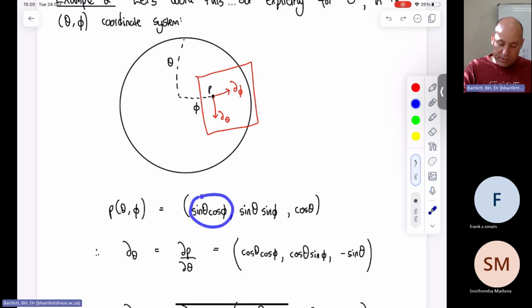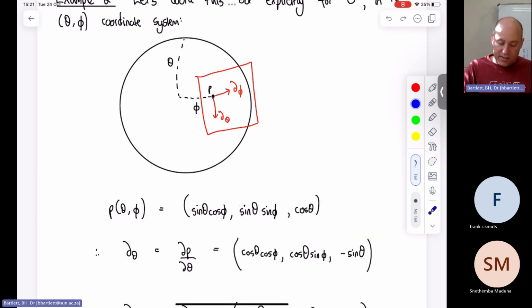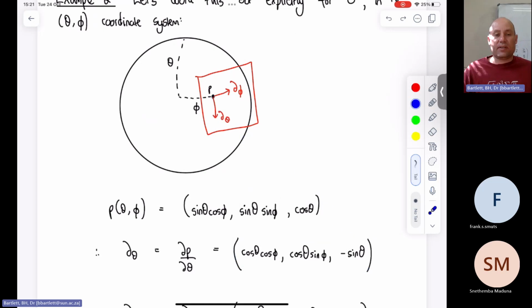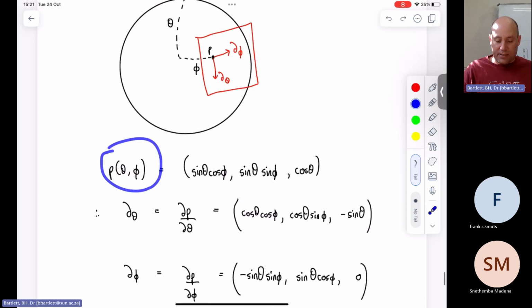The derivative of this with respect to theta is cos theta sine cos phi here, and the derivative of cos theta is minus sine theta. So this vector here is that vector over there living inside R3. Similarly, I can calculate del phi, which is this vector here, by just differentiating p with respect to phi.